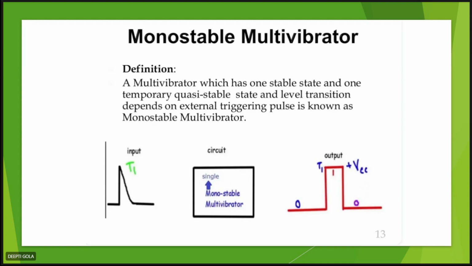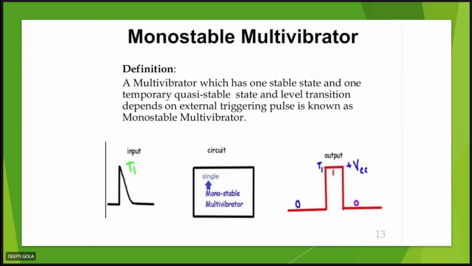Once we provide that external trigger, our output will change its state from stable to unstable state. And since that state is already unstable, it will automatically move back to the stable state. Then again we have to provide the trigger to oscillate the circuit, right? So in this way, this cycle goes on.